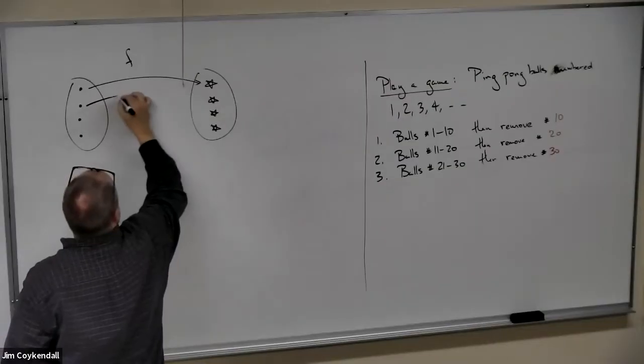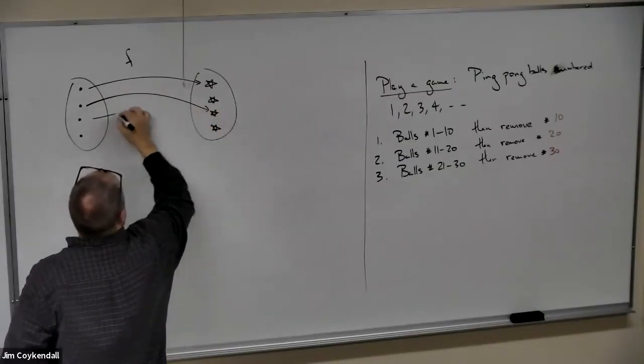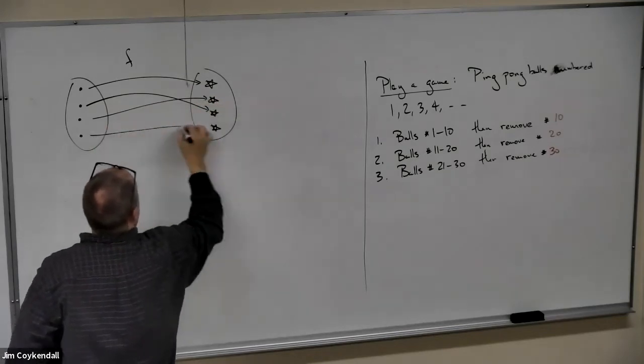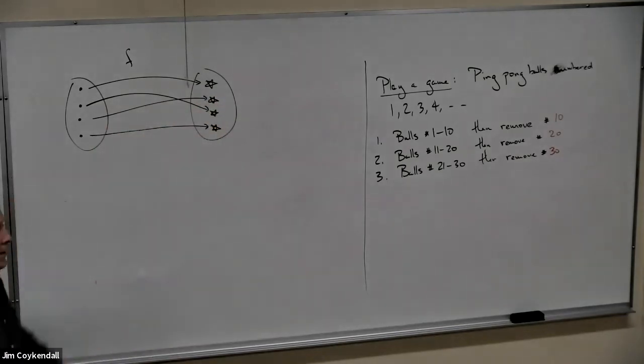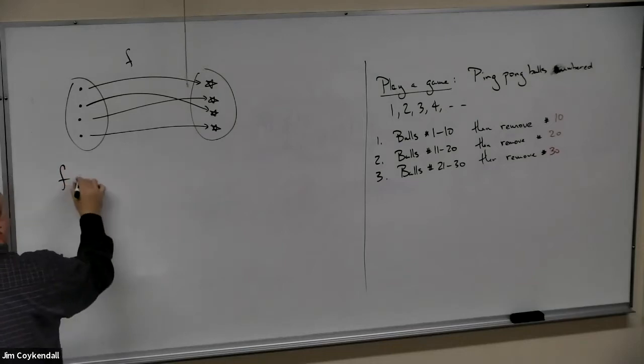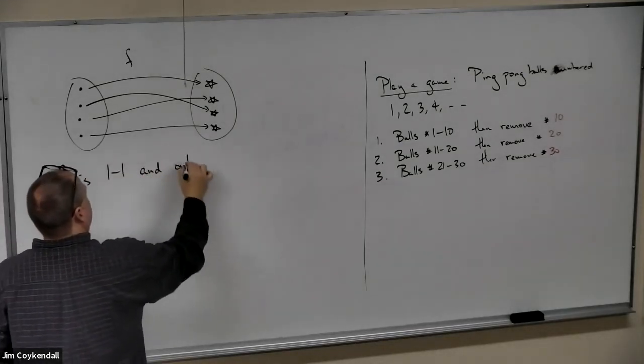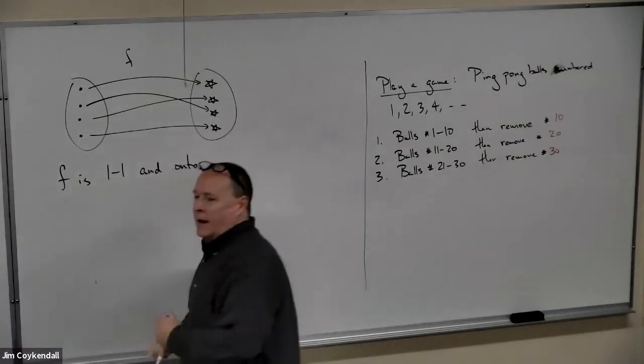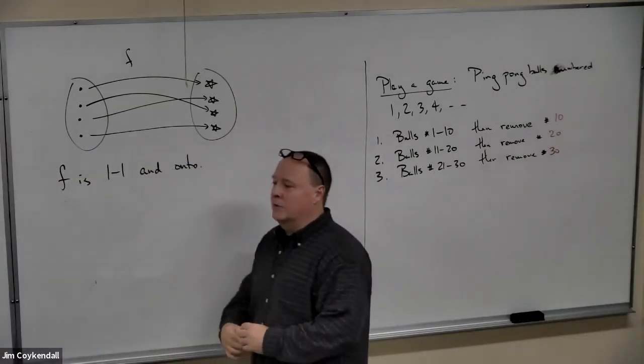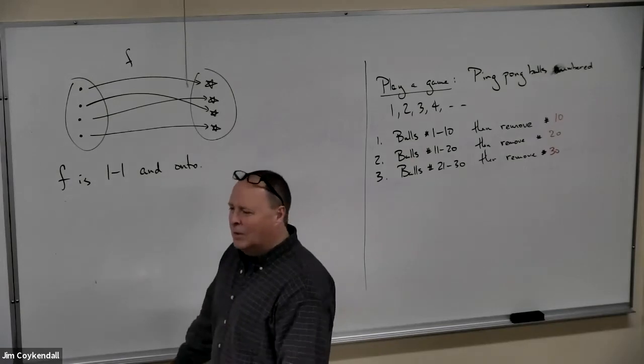There is a function f from here to here. There is a function from here to here that is 1-to-1 and onto. What does that mean?